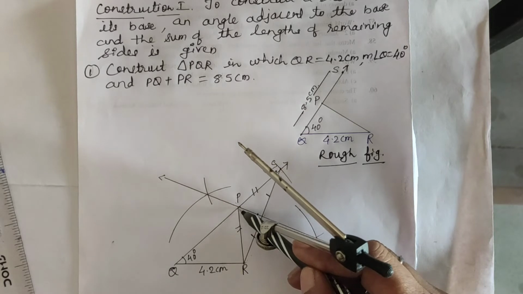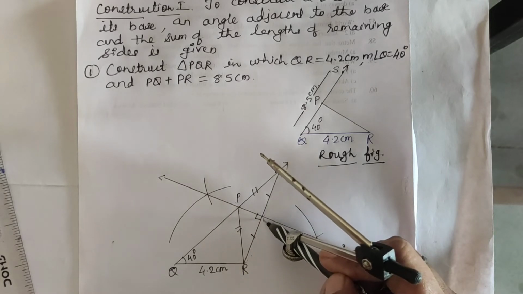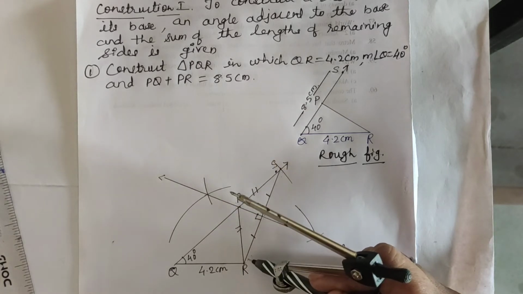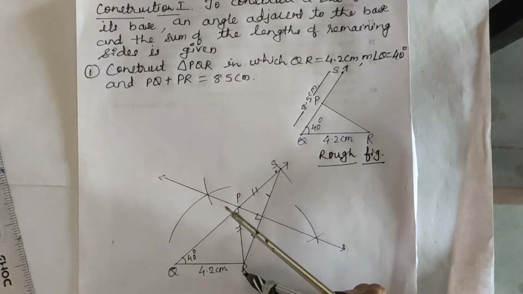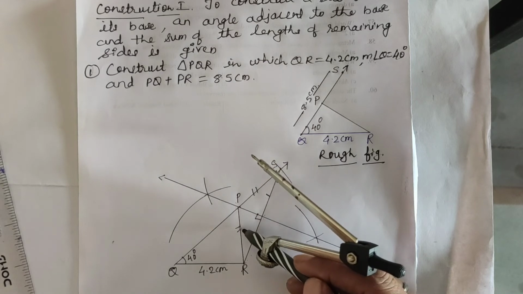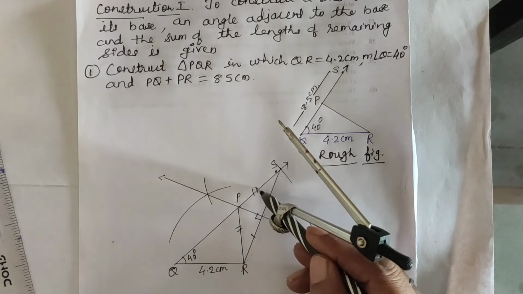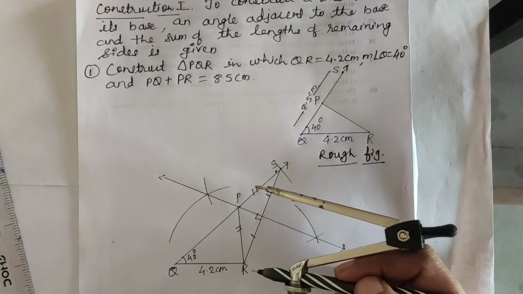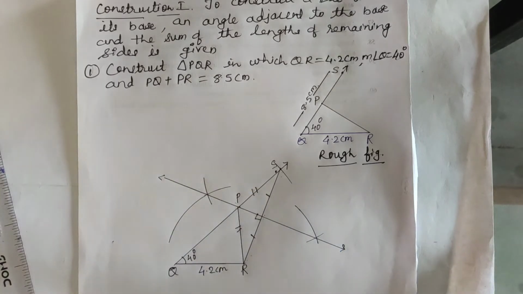P. P is the point on the perpendicular bisector of a segment, equidistant from the endpoints. This symbol shows that the distance is equal. You can measure also. So this distance and this distance is what? Equal. Okay. So this is how you can construct triangle PQR when its base and angle adjacent to the base and the sum of the length of remaining sides is given.